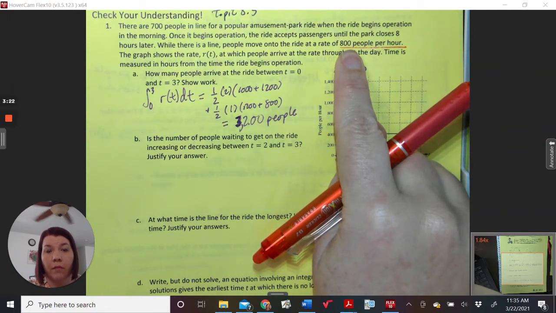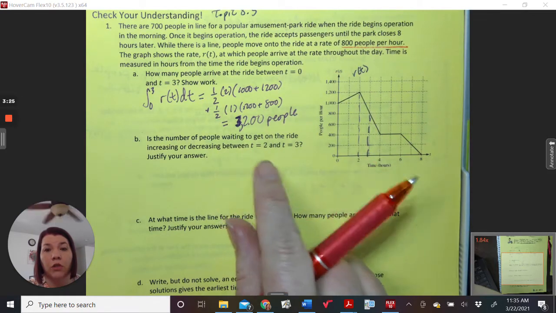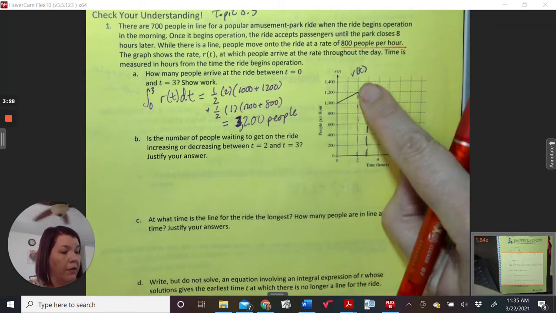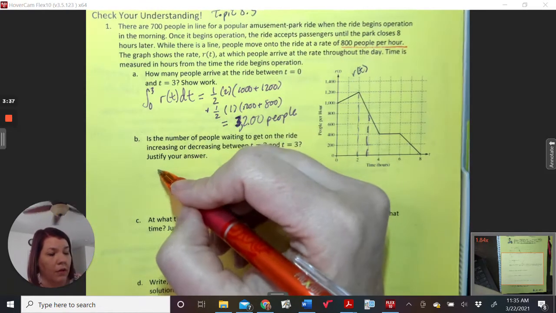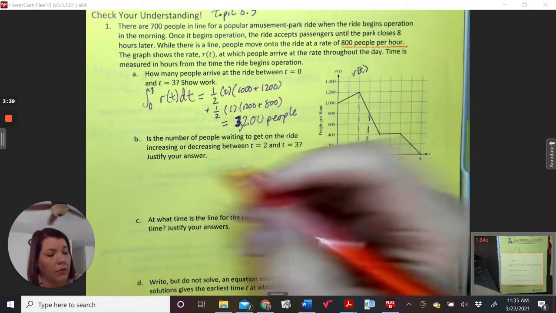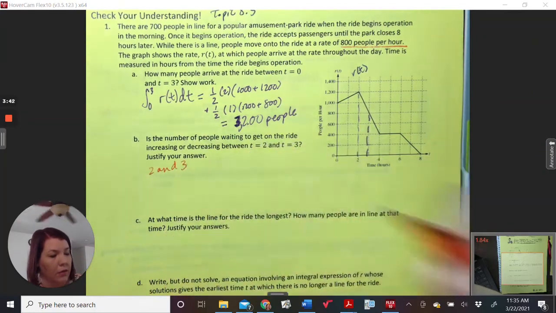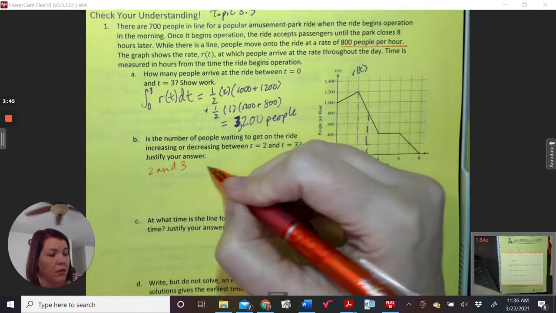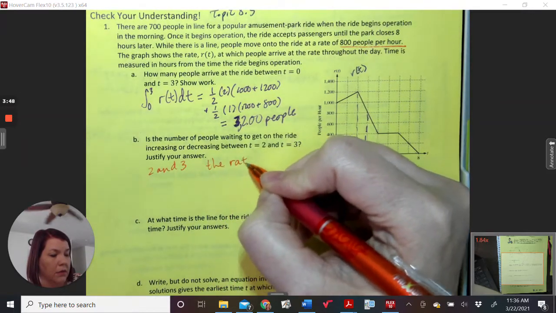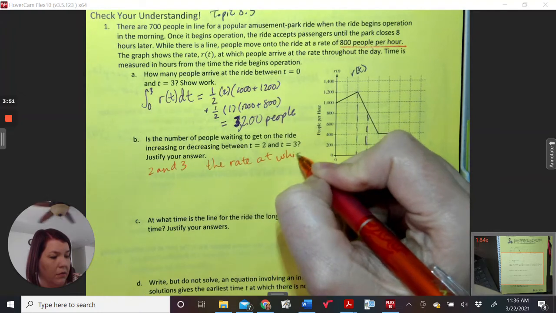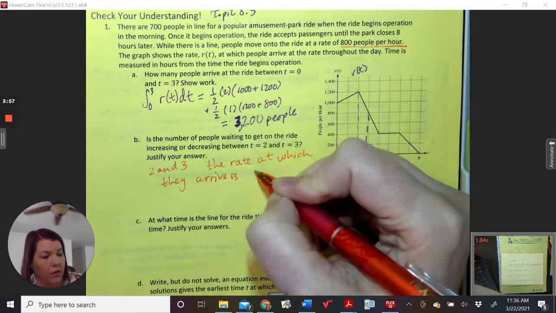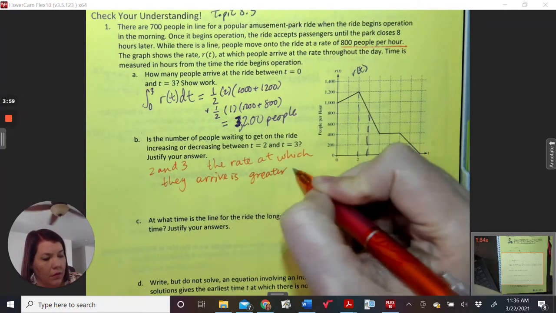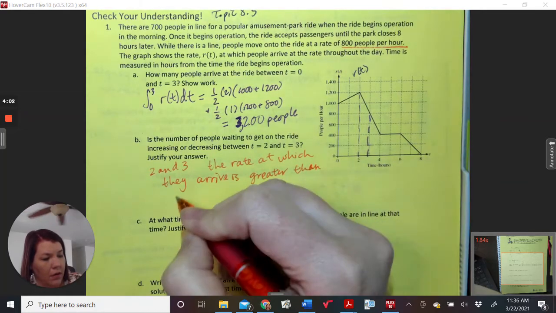Okay, so between 2 and 3, they're arriving at a rate that is greater than 800.